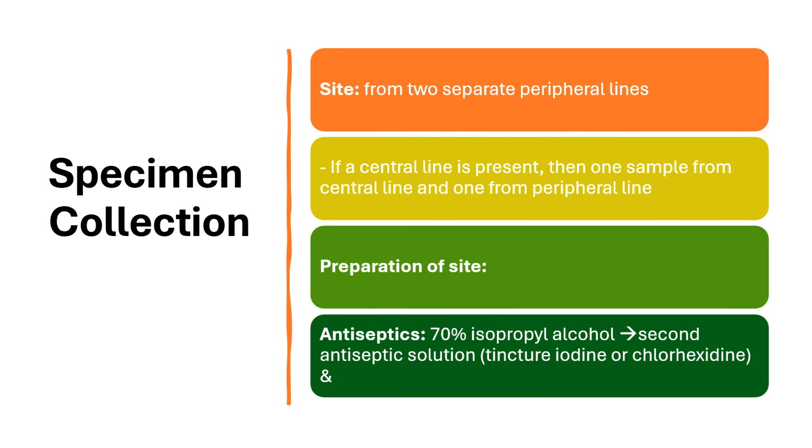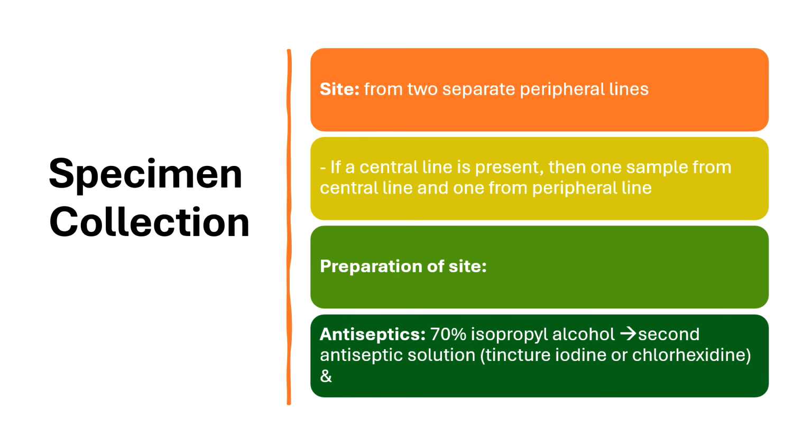Prefer 2 peripheral sites. If the patient already has a central line, then take blood from one central line and another from a peripheral line. Whenever you take 2 sets of blood culture, remember to wait for half an hour between the 2 sets, so it will detect transient bacteremia as well.